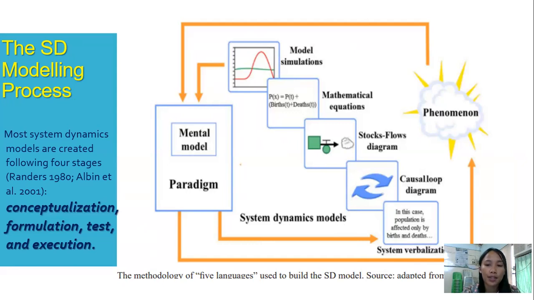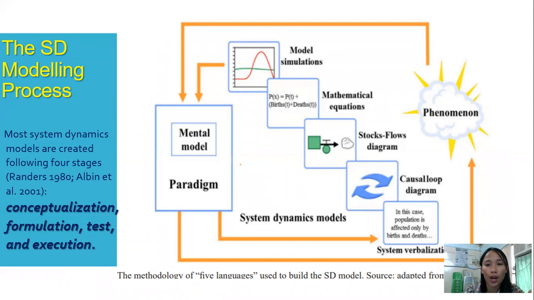From the physical system that we observe, we can create a causal loop diagram. We can create a simple map of the structure of that system. What are those elements or parts of that system that interact with each other?